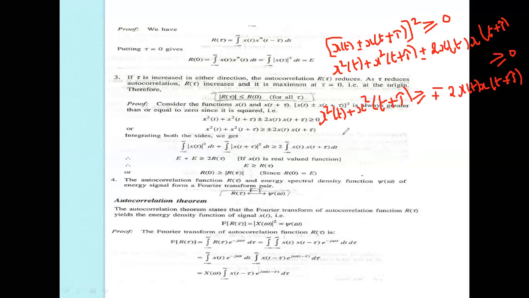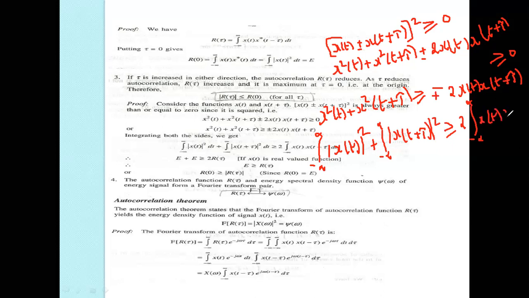Integrate on both sides and take the magnitude here. Integral from minus infinity to infinity of the total term, I'll split into two parts: integral of x of t squared plus integral from minus infinity to infinity of the squared magnitude of x of t plus tau is greater than or equal to 2 into, applying the integral here also from minus infinity to infinity, the product, you can write only the single integral, x of t and x of t plus tau dt.